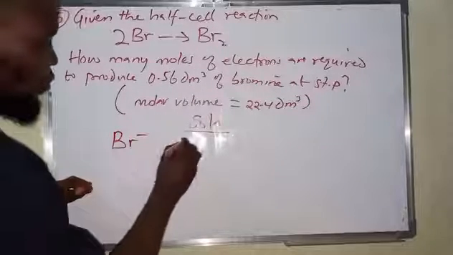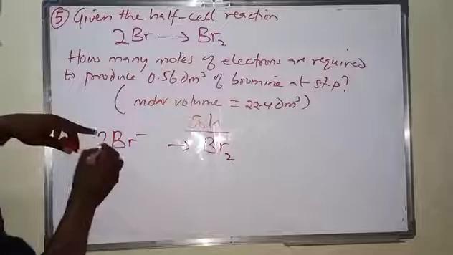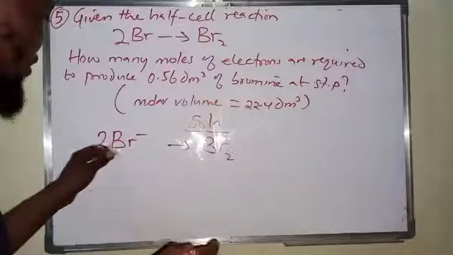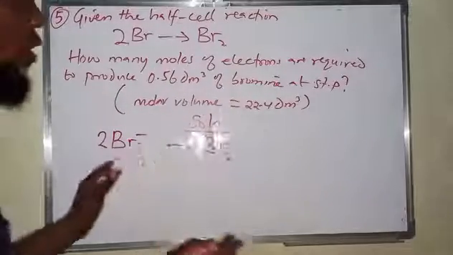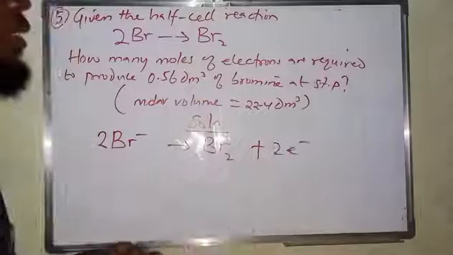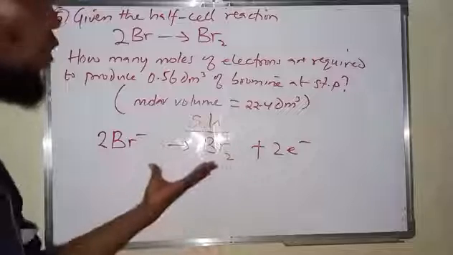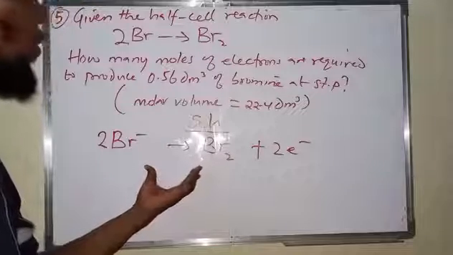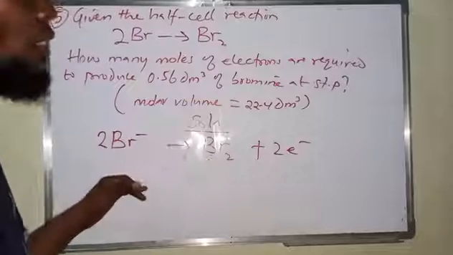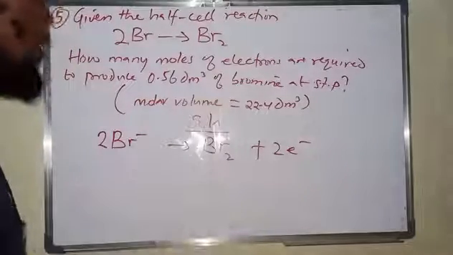From bromide to bromine, in balancing you have to have 2 here. Then for the charge, this is -2 and the charge is 0 here, so the charge has to be balanced by putting -2 here as well, like we saw in example 1. This reaction occurs at the anode. The negative ion has to lose electrons to become discharged. So this is the balanced ionic equation.